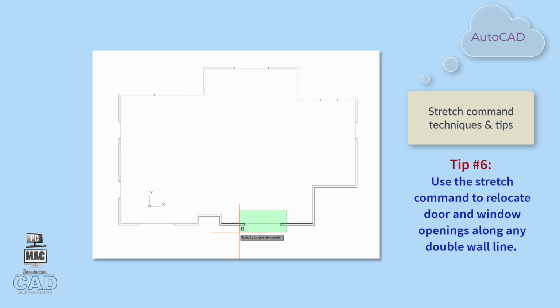Tip number 6. Use the stretch command to relocate door and window openings along any double wall line. Make sure the crossing box intersects the double wall lines and that the openings, doors, and window symbols are fully encapsulated in the selection box.